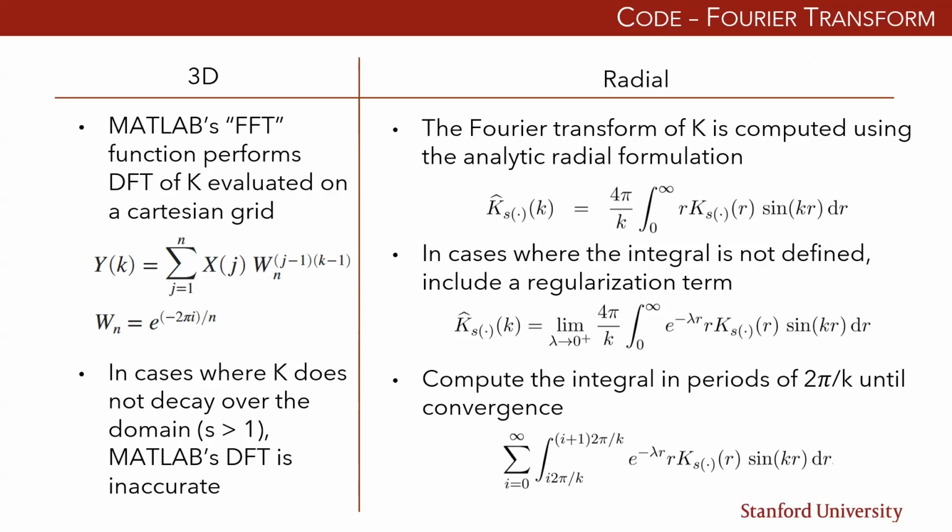As lambda goes to 0, this approaches the true Fourier transform, and then we can evaluate this integral over a much larger domain, which allows us to properly compute the Fourier transform. We do this basically by always computing an increment of the integral in steps of 2 pi over k until the contribution from the integral is so small that we can say the Fourier transform is converged for that value of k.